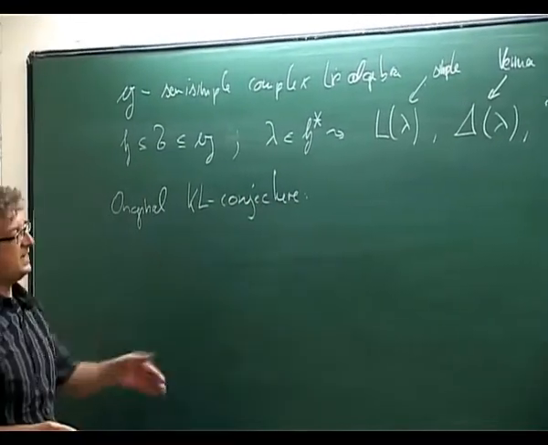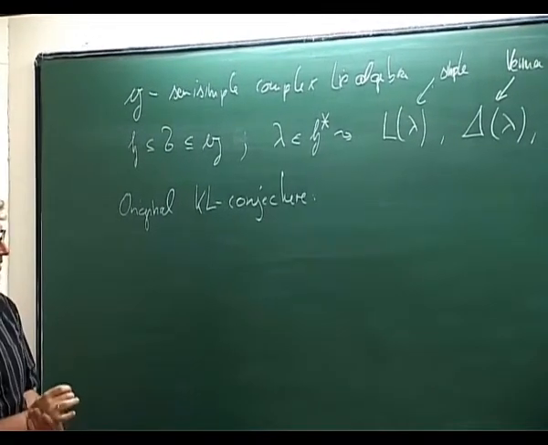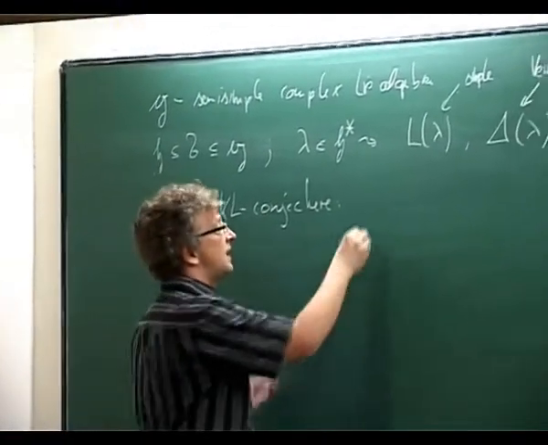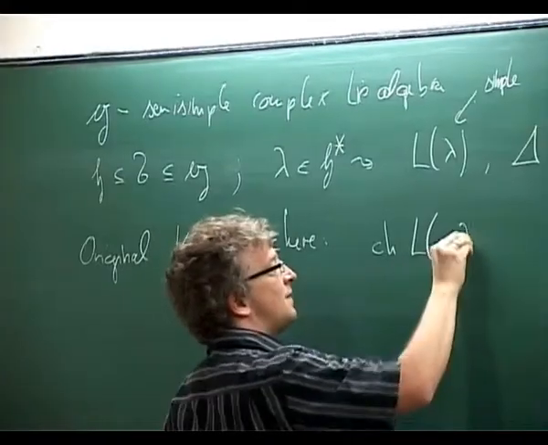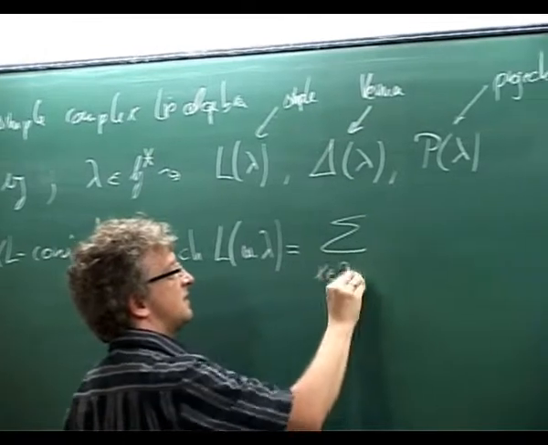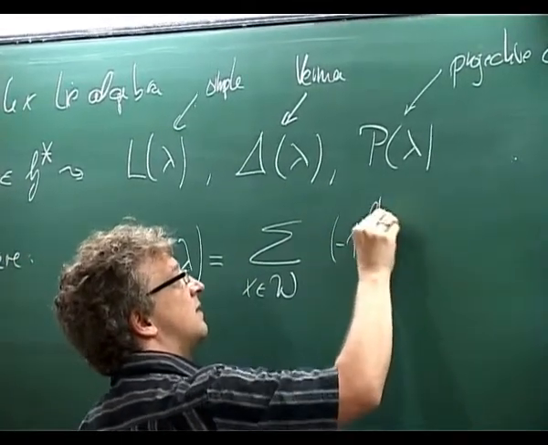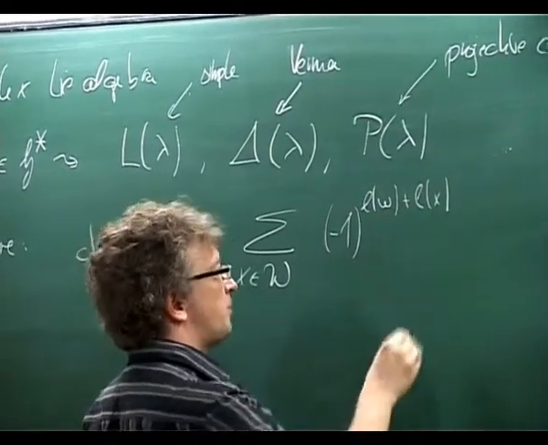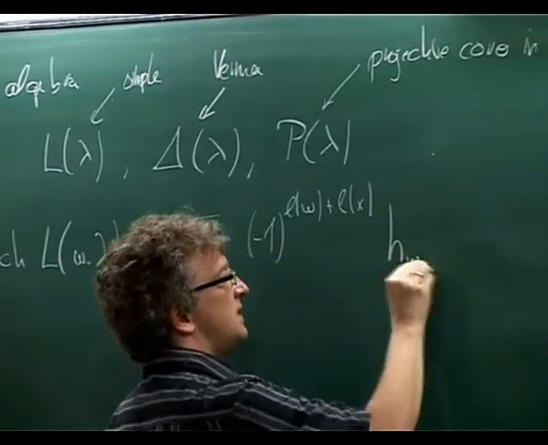So the original Kazhdan-Lusztig conjecture, which is really the first version of a series of Kazhdan-Lusztig type conjectures, states that the character of L(w·lambda) is given as a sum over x in the Weyl group. Then there's a sign. Then there's a multiplicity.